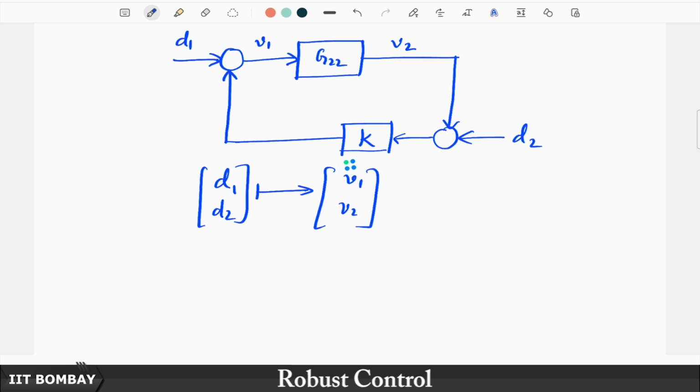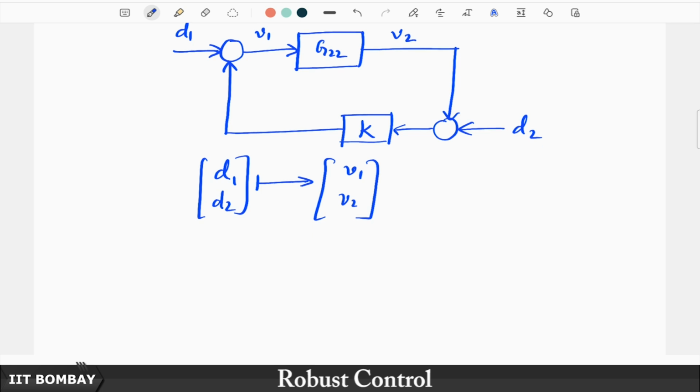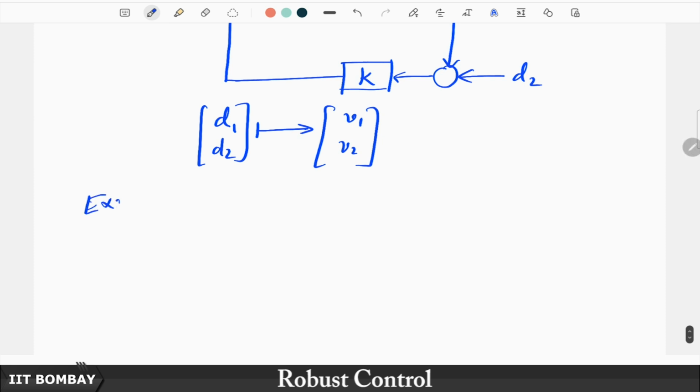Okay. So now, again, how do we characterize, how do we generate a whole family of such stabilizing controllers? Just to motivate this discussion, let us look at the scalar case, when you have a single input, single output system, a single transfer function.